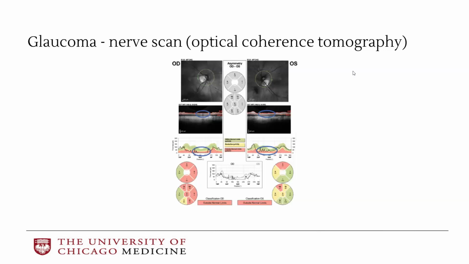And one of the types of tests that are done is this same type of scan that we talked about for the retina, called an OCT. And it actually shows the thickness of the nerve fiber layer. If the nerve fibers are thin, then they might be damaged.